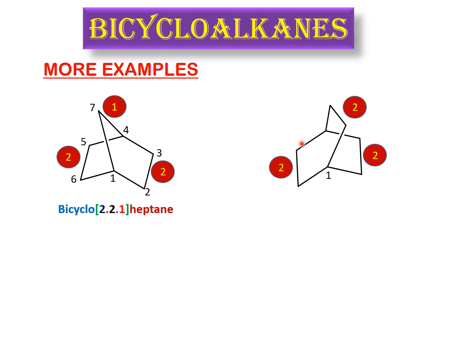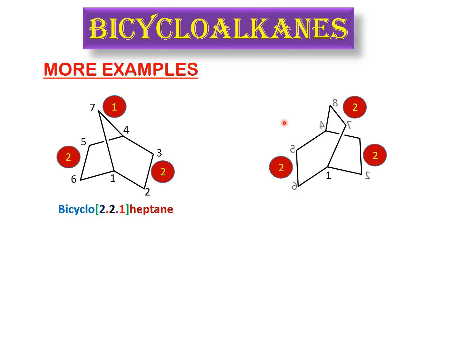On this side again we have 2 carbons, and in the center now we have 2 carbon atoms. So you can start from here and you can proceed in all the 3 directions, like in this way or in this way, or you can even start from here and proceed in this direction, because all of the 3 sides have equal number of carbon atoms.